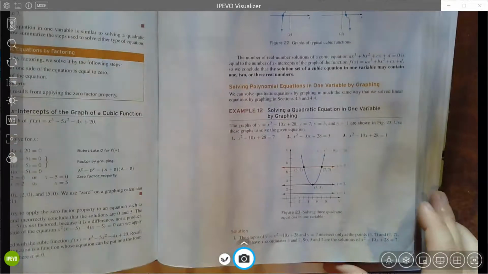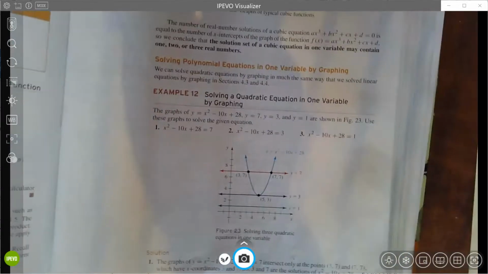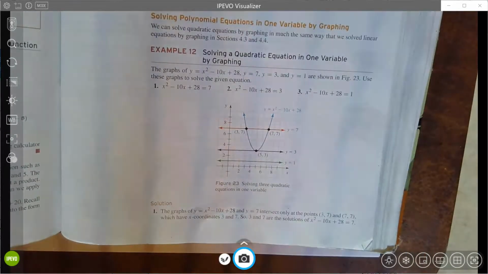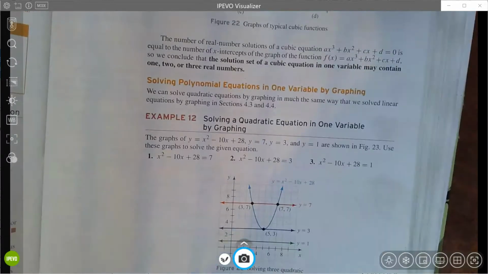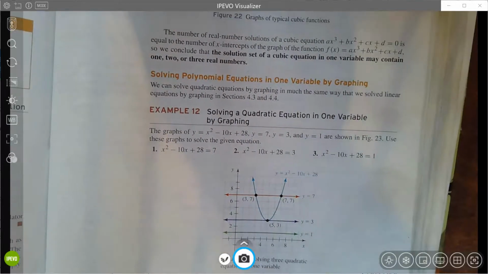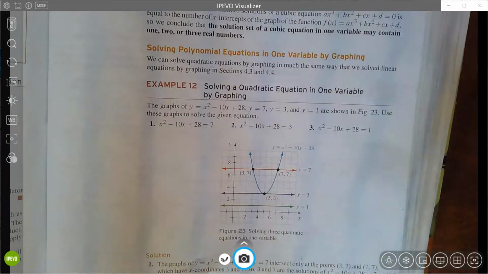All right. Now, I need to show you an example in your book here. Let me see if I can zoom in on that. It says the graphs of those three functions are graphed right here for us.